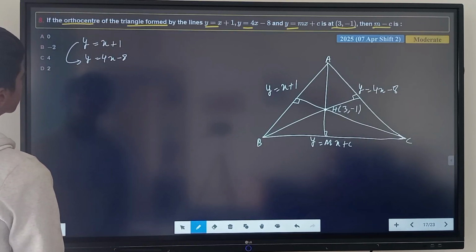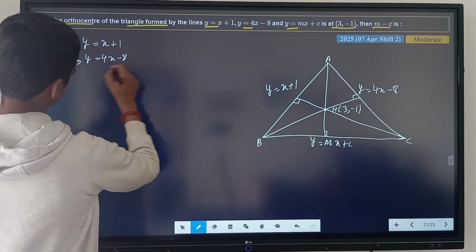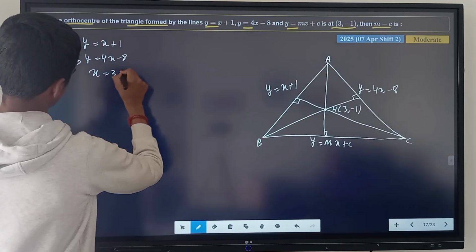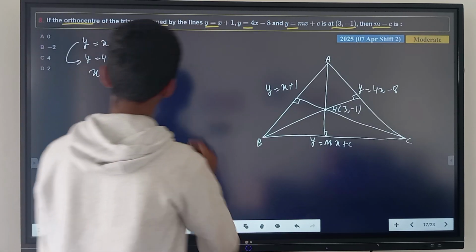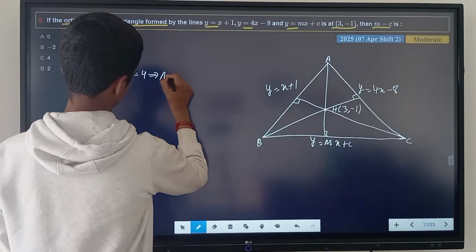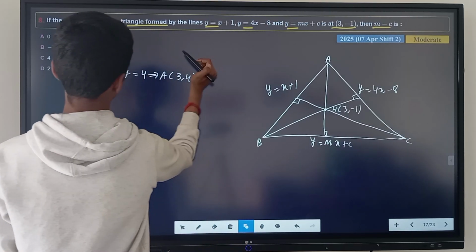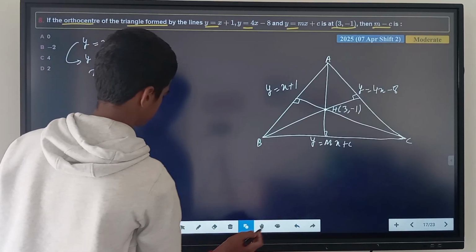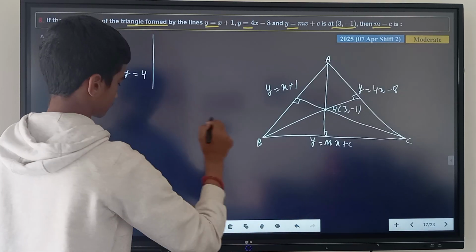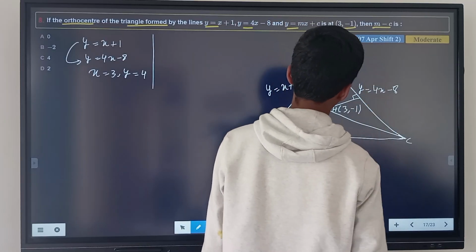We will get 3x is equal to 9, x is equal to 3 and y is equal to 4. So from here our A will be (3, 4).